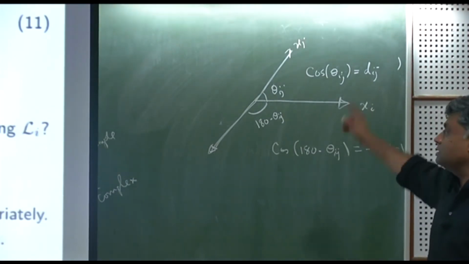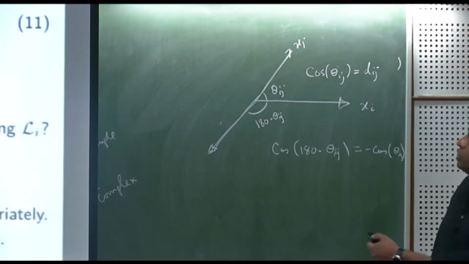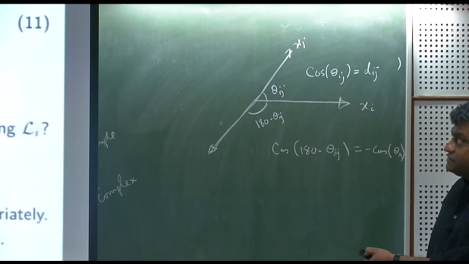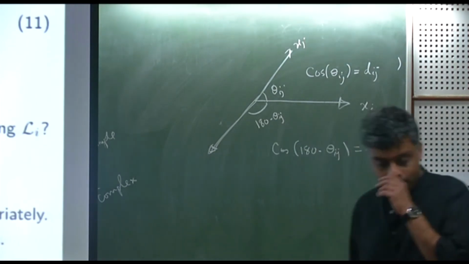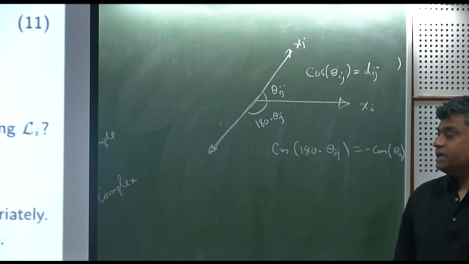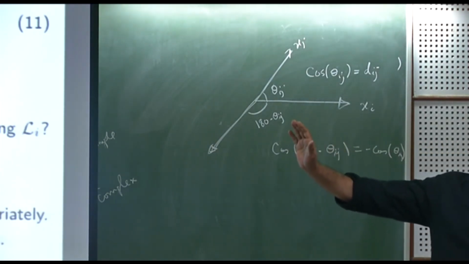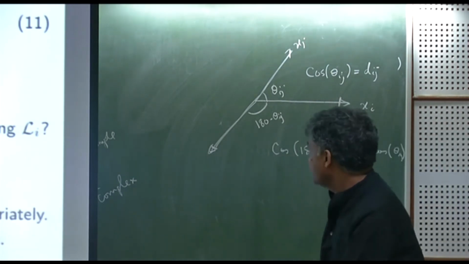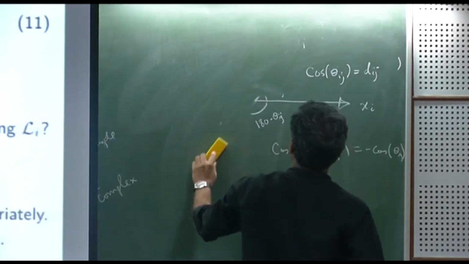Why am I taking that particular case? Look at the numerator over here. I take the negative sign if I need to, but in the denominator, I take the absolute value. So what are we saying in terms of trying to find movies? Think about a particular user where I'm trying to predict what happens to a movie. Let me draw a picture a little bit better so that it gives you an idea of what's going on.